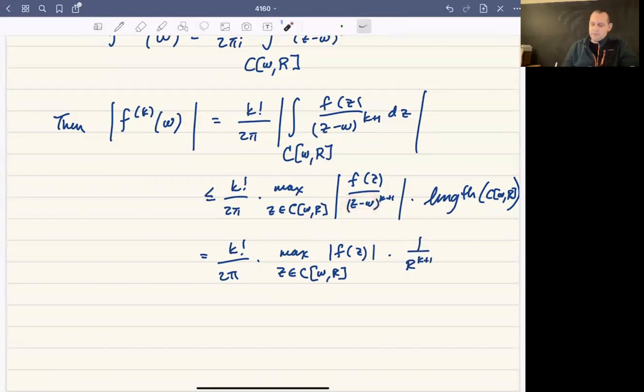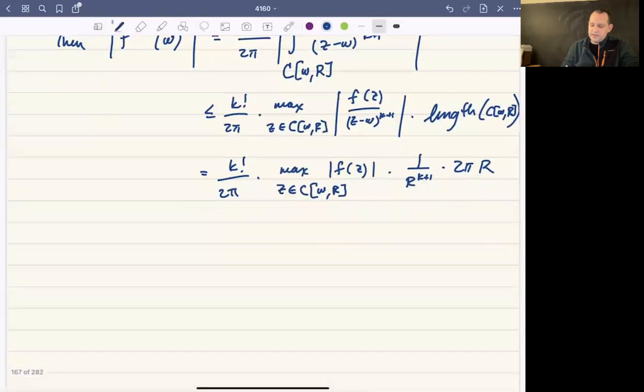So this will be r to the k plus 1 times the length of the circle, which of course we know is 2 pi r. And so this is going to be equal to, a lot of stuff cancels. The 2 pi's cancel, one of the r's cancels. This is going to be k factorial over r to the k times the maximum that z is in this circle. So what we get is the following result.